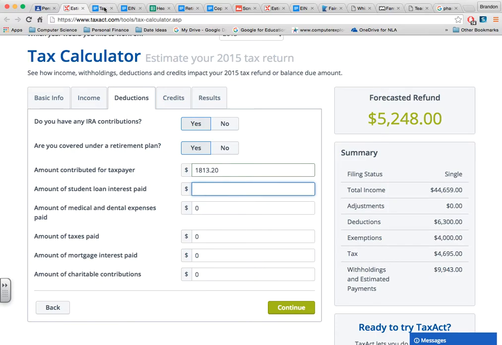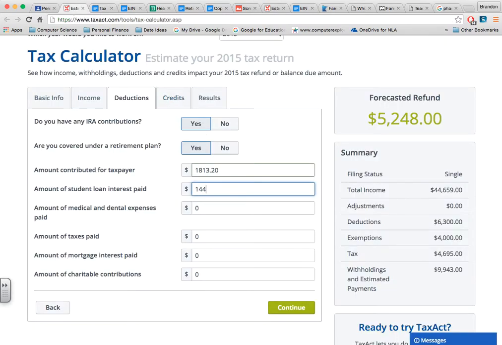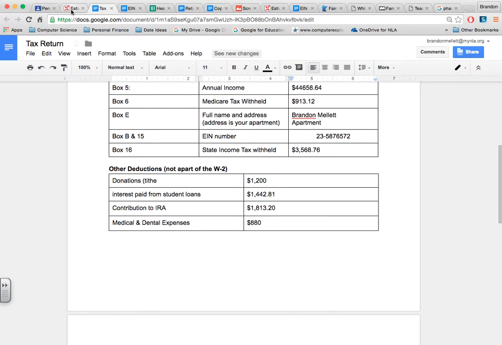We also looked that up. Tax return, interest paid from student loans is $1,400. Amount of medical and dental expenses. We also have that. It was $880, right here.